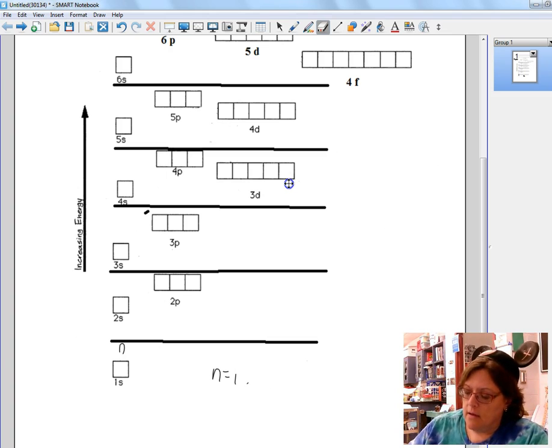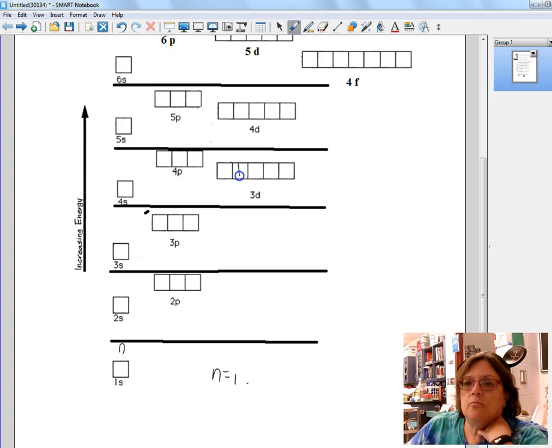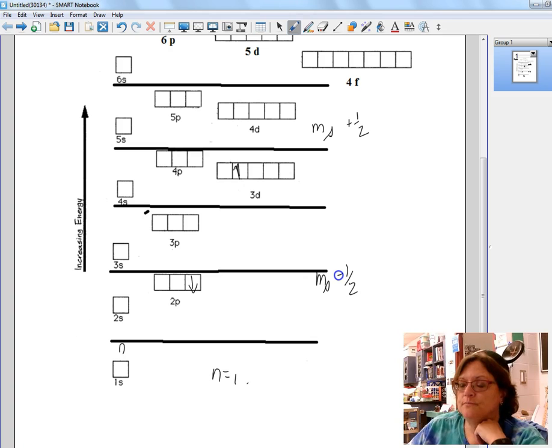If I have an electron right here, and he's pointing up, his spin is going to be a +1/2. We call this m sub s. This guy, his spin is going to be m sub s negative 1/2.